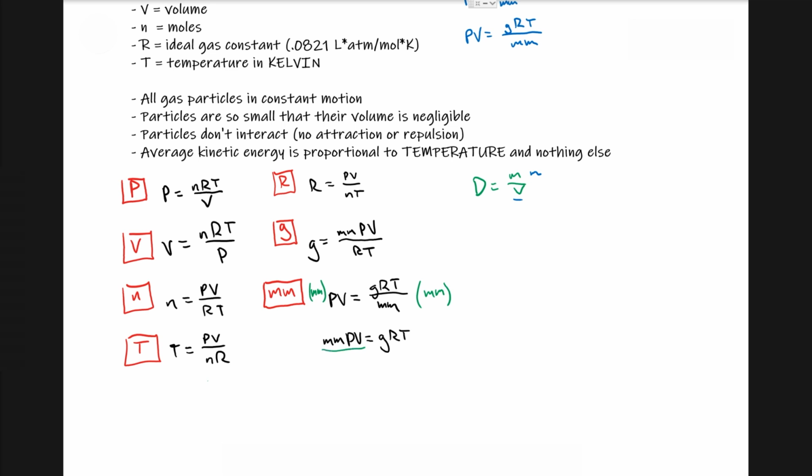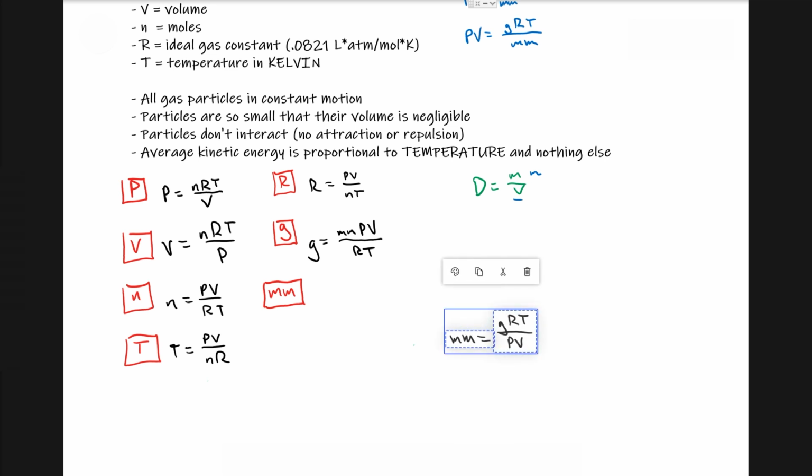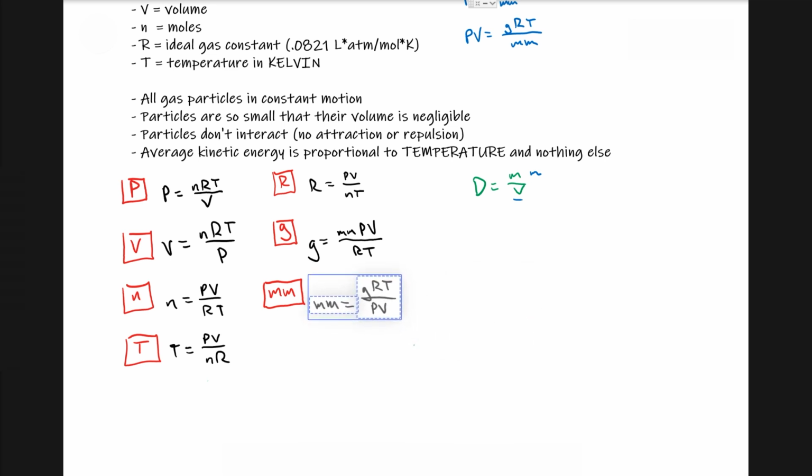Now we just divide both sides by PV, and we've done it. We have molar mass is equal to GRT over PV. So now we've identified 7 out of the 8 bits of information that we can extract from the ideal gas law. The last bit of information that we need to extract is the density.